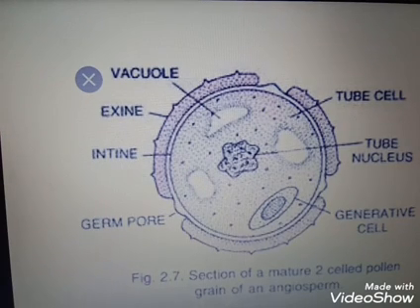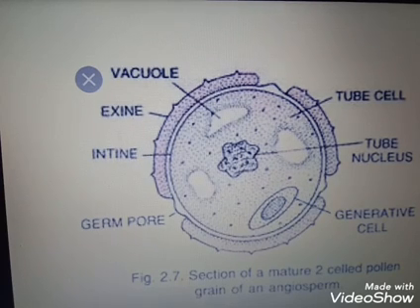The formation of the male gametes from the generative nucleus is known as male gametogenesis. Clear? Two male gametes are formed from the generative cell. That is known as male gametogenesis.